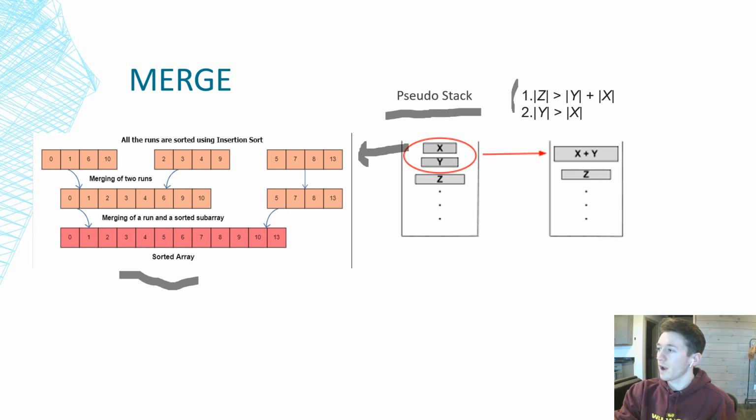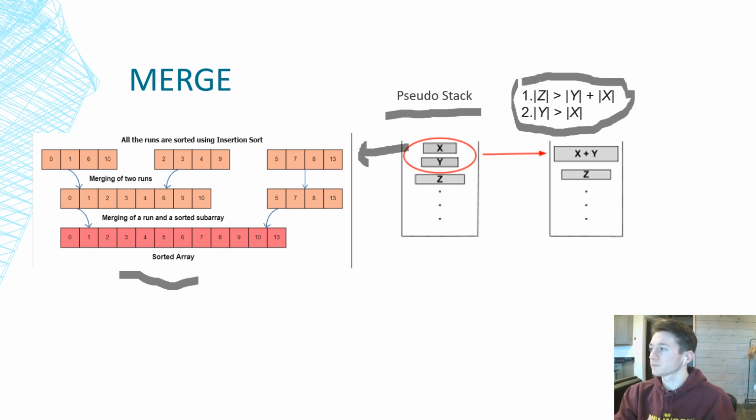To do so, we're adding our runs from left to right as we go, and we're checking these 2 conditions. As you can see in this example below, the length of x plus the length of y is less than the length of z, and therefore we're going to merge x and y. This again allows us to do more balanced or semi-balanced merges.